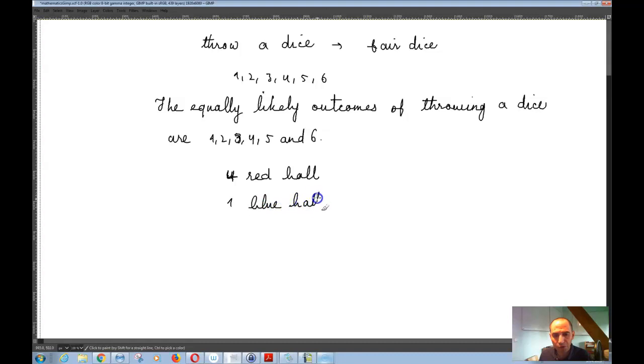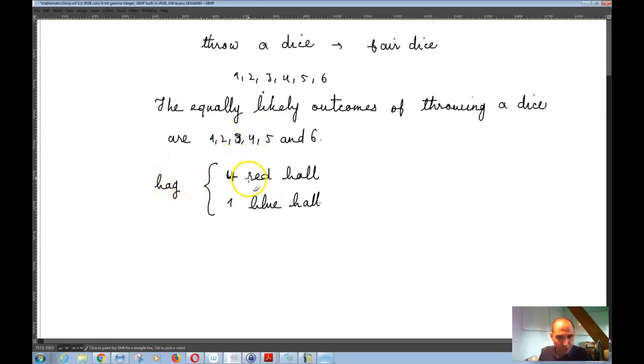If you draw a ball from this bag, these 5 balls are in a bag, and you cannot see inside the bag. You're supposed to draw a ball at random, without looking into the bag.